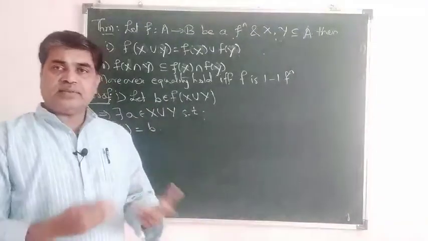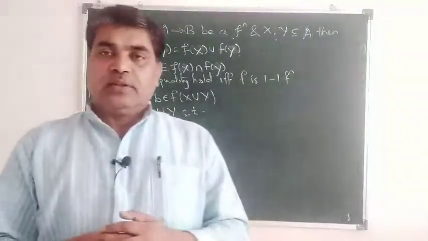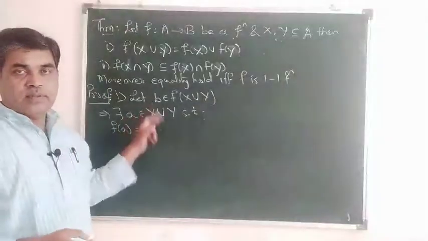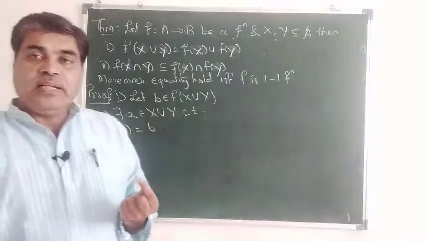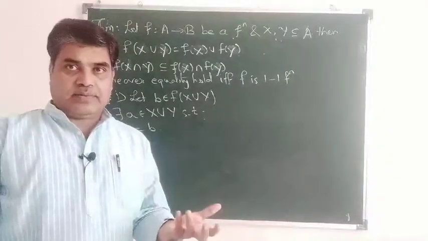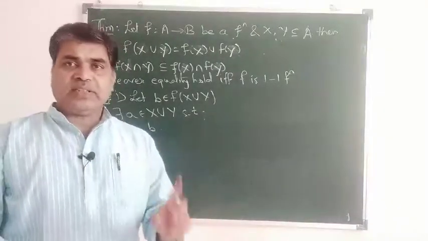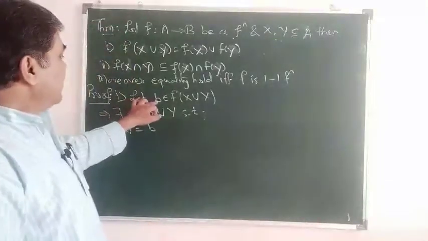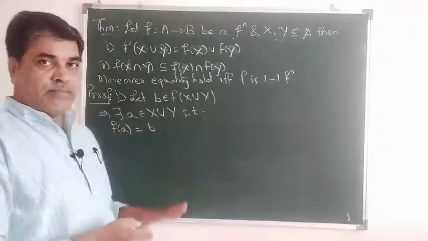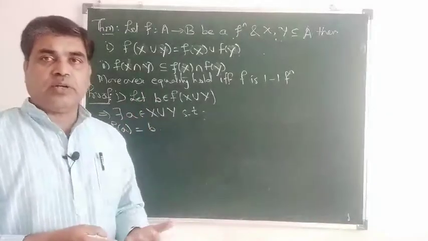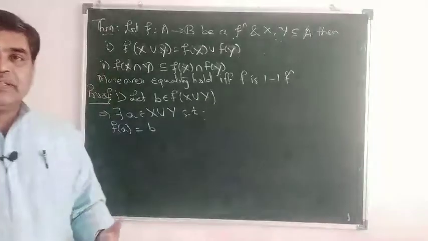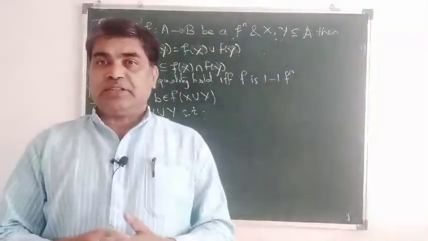That set may have more than one pre-image, so I cannot use just the F inverse B symbol. F inverse B is not an element, it may be a set. If it is a 1-1 function, then it is just a single element, and in that case I can use the F inverse B symbol. But if it is not 1-1, that particular element may have 2 pre-images, 3 pre-images, or infinitely many pre-images.